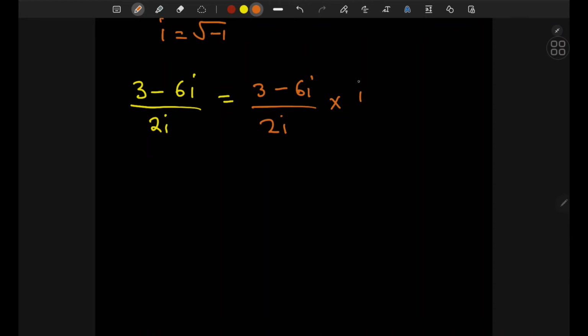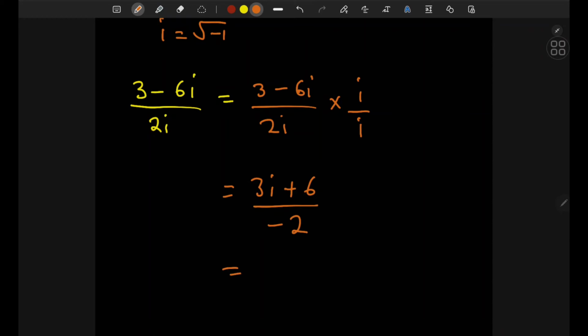So that is, we'll multiply with I over I, so that we get rid of the square root of -1 on the denominator. So that is, I multiplied with 3 will have 3i. I multiplied with -6i will have positive 6. So remember, I multiplied with I is -1, and -1 by -6 is positive 6. Then on the denominator we'll have 2i by I, that is just -2.